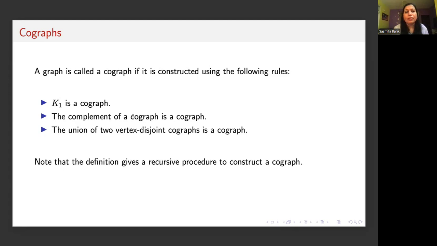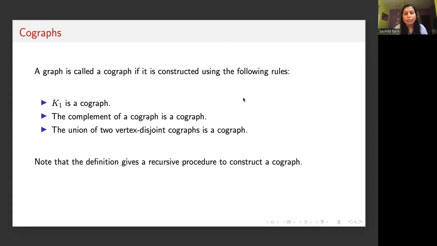So co-graphs can be constructed recursively, starting with singleton vertices, using the union and join operations, or you can think of union and complement operations. But the complement of G1 union G2 is the same as G1 join G2. So basically it's using union and join.